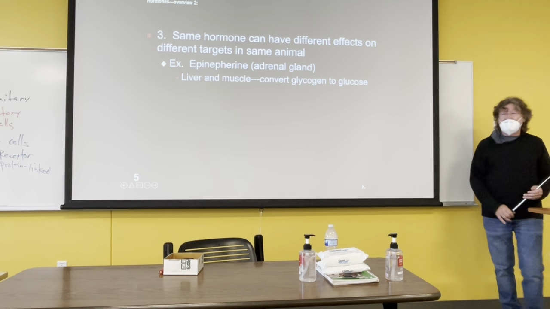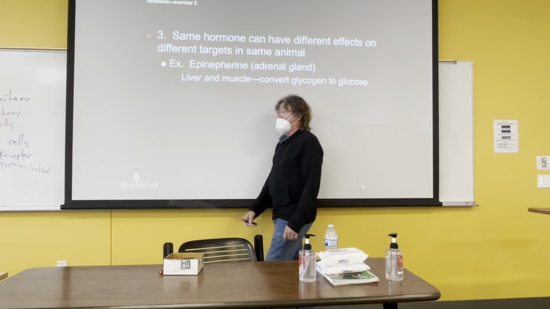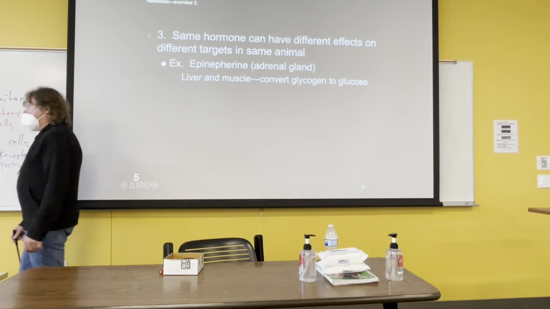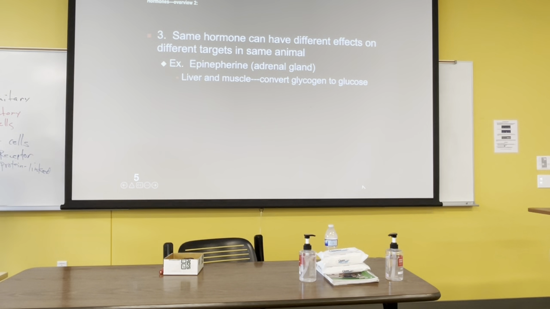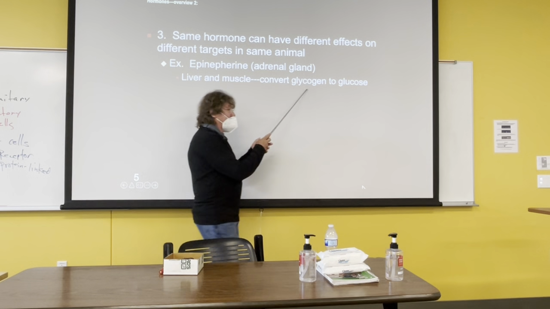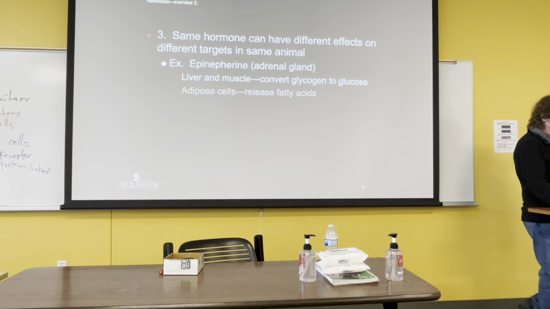One of these is liver and skeletal muscle, because these are the places where you store glucose. Most of it in the liver. And so under this stressful condition, you need energy from cellular respiration. You need ATP. And therefore, glucose needs to be mobilized into the bloodstream. And so that's one thing that happens, and it happens real rapidly.